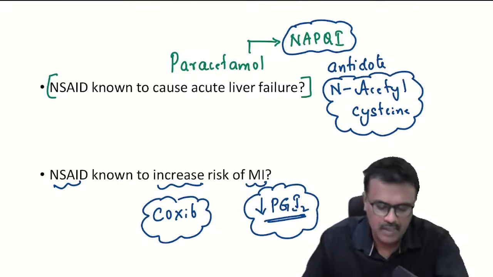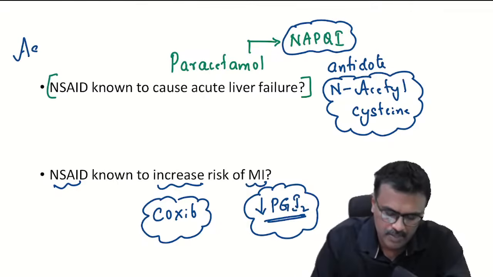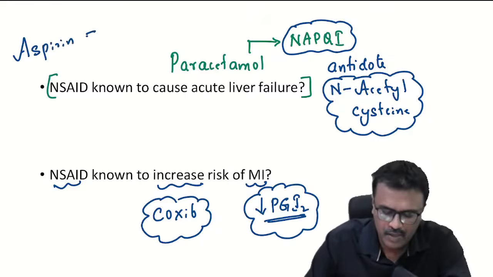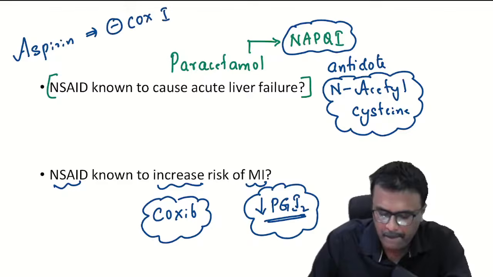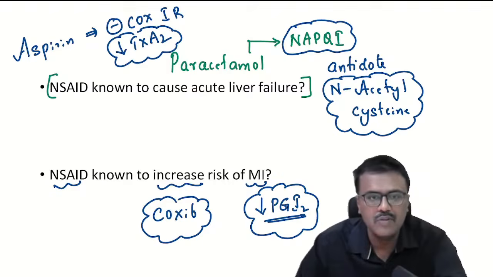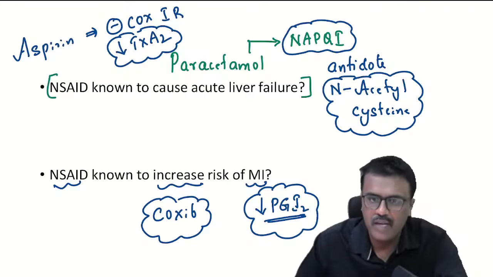Sir, what is the mechanism of aspirin? As an antiplatelet, when we give aspirin, it inhibits the enzyme COX irreversibly. And what is not synthesized is thromboxane A2, there is a decrease in thromboxane A2 synthesis, and because of that it will produce antiplatelet action, and that's why we use it in prophylaxis of MI and stroke.